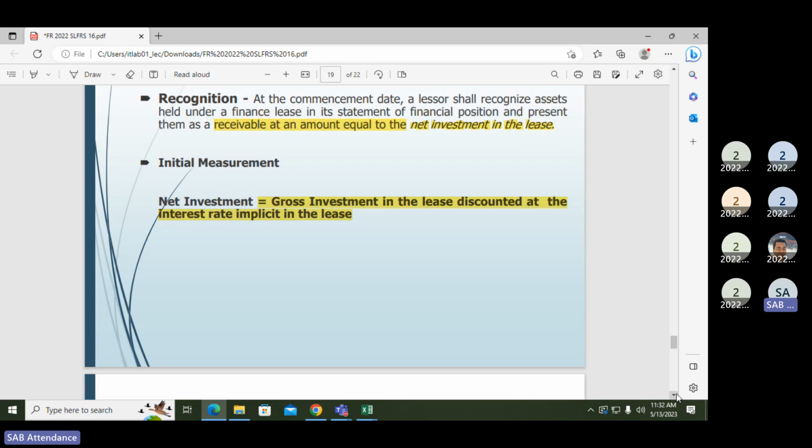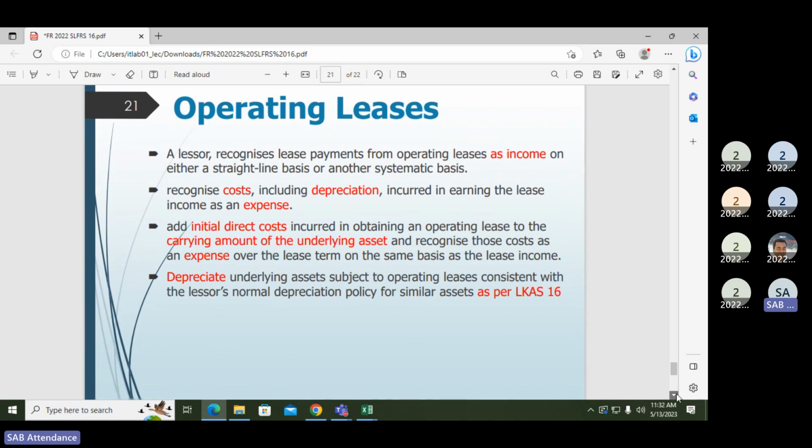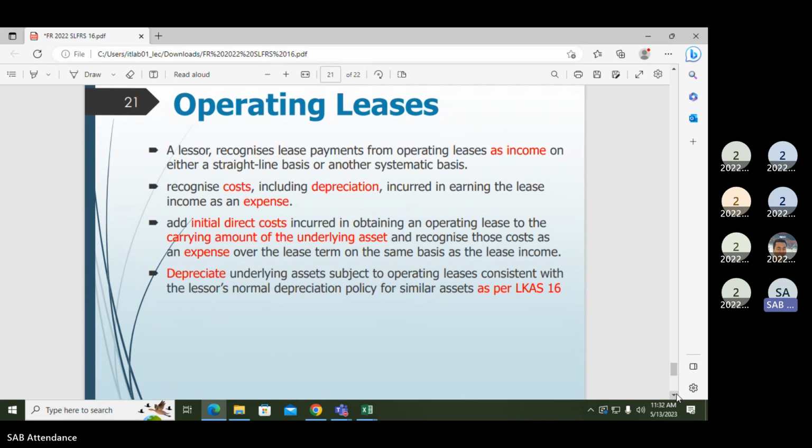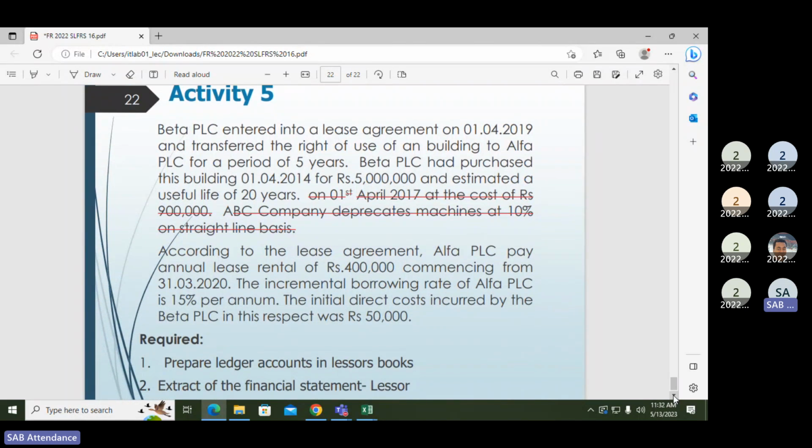Then any initial direct cost we amortize over 5 years, because rental income is recognized over 5 years. Then you depreciate the asset the normal way, right?